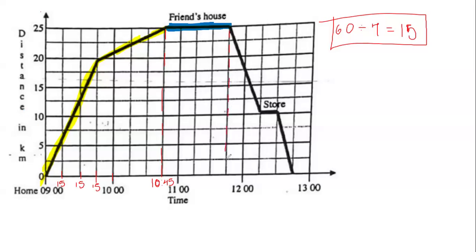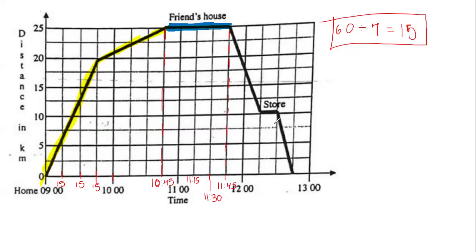This is 11:15, this is 11:30, this is 11:45. So 1 hour and 15 minutes.